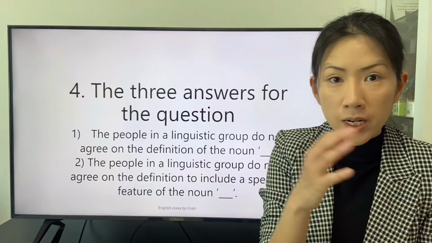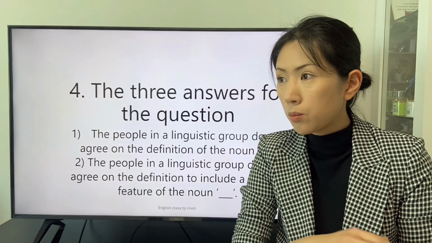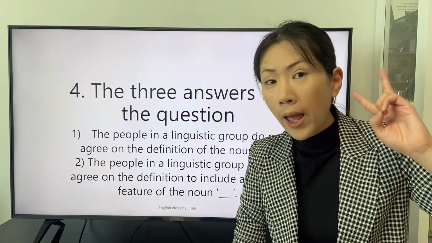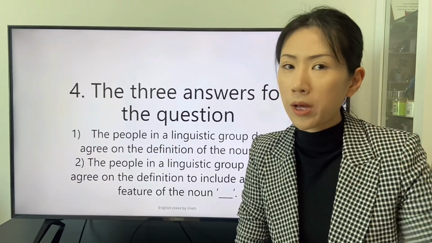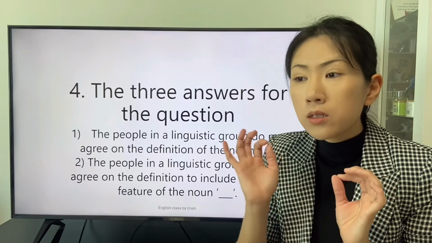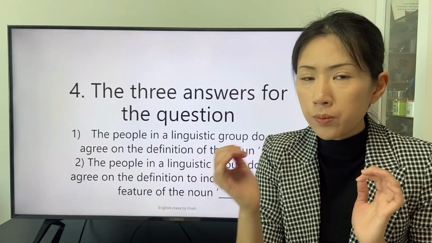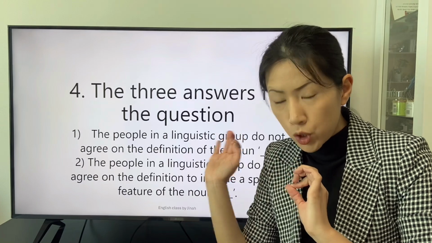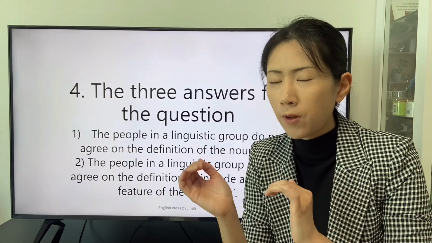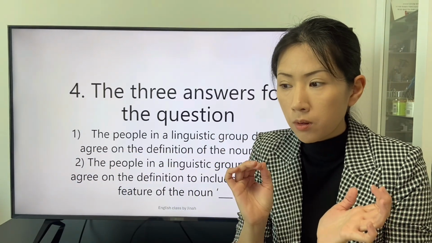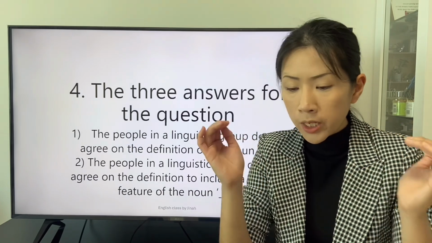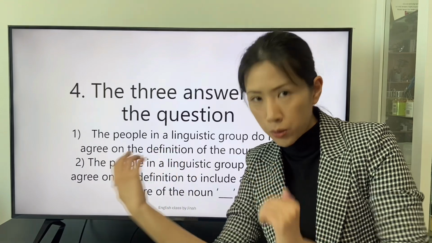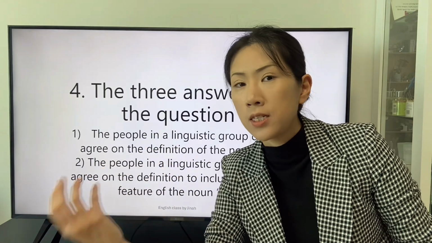The answer is subjective, but it's okay. It is all accepted. But the second answer to the question is different. The people in the linguistic group agree on the numerous answers to the first question, but only the correct answers are agreed to define the object.